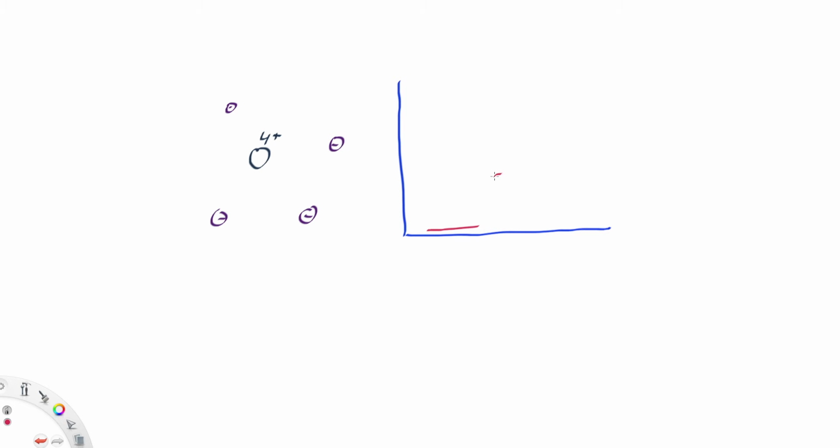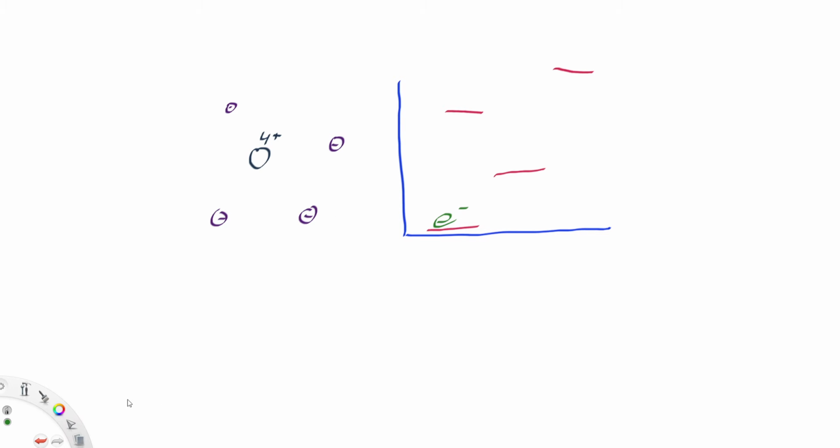If somehow they get excited, and by excited we just mean they absorb some energy, maybe from a photon, maybe because you ran electricity through it, maybe just because it's really hot. But there are other levels of energy that the electrons are allowed to have. So let's say we are down here to begin with.